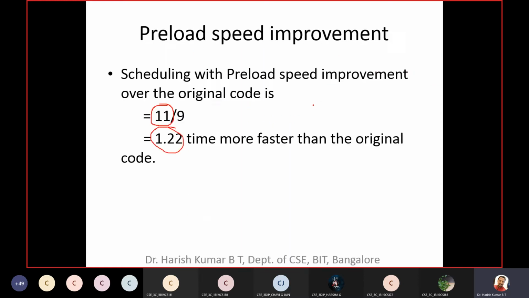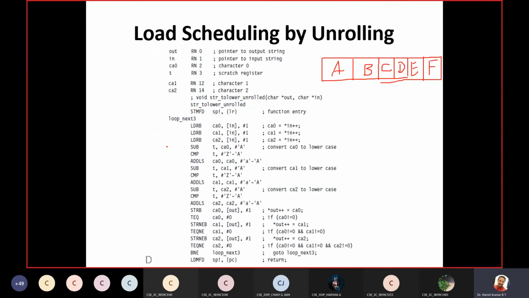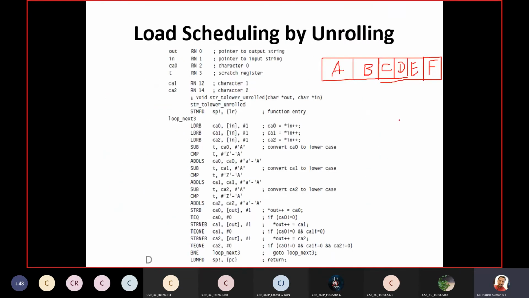So how many iterations should this loop go? 6 iterations, and for every iteration we have the BNE. Now here I unroll the loop 3 times.